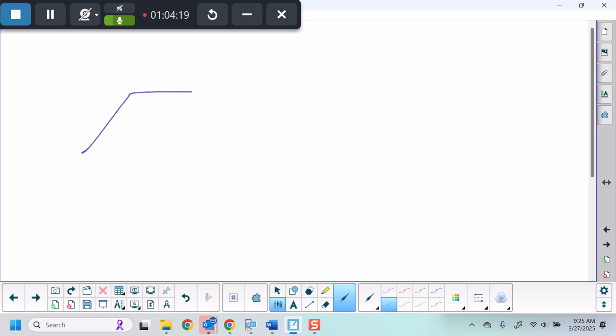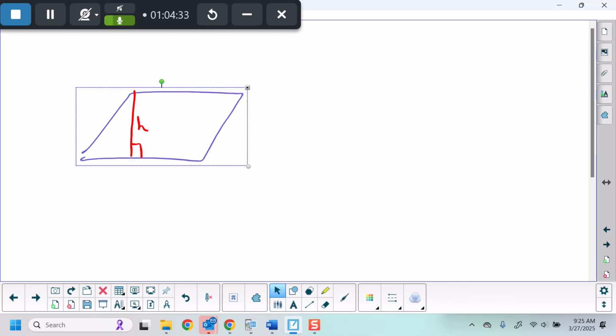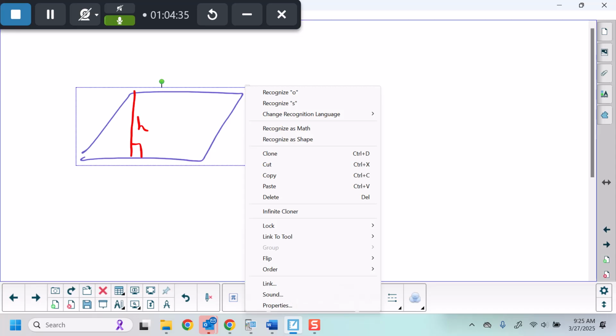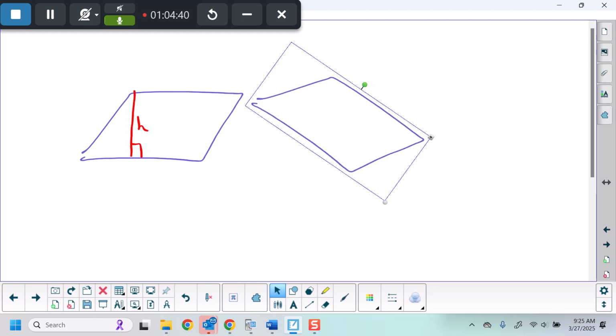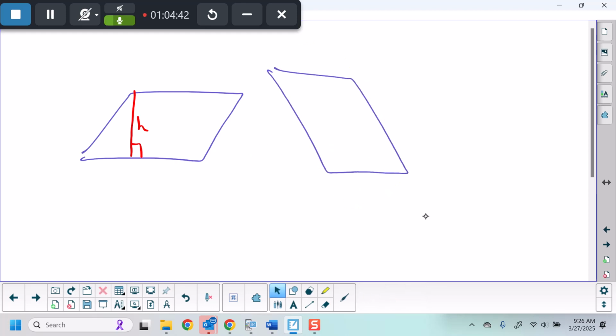If I have a parallelogram and it tells me the height to that side, if I take this same parallelogram and spin it so that something else is its base, I might have a different height.